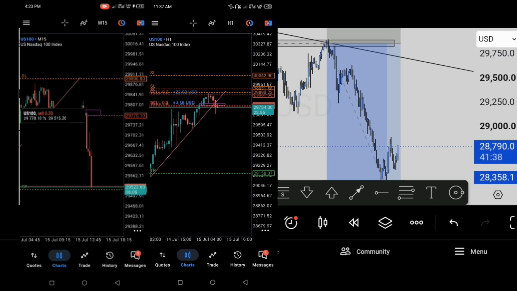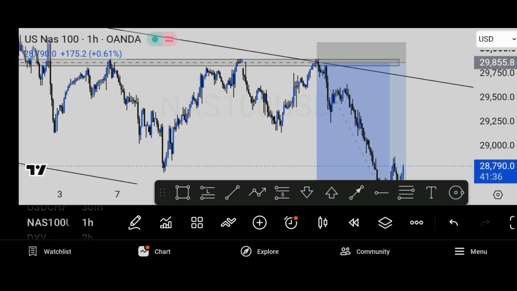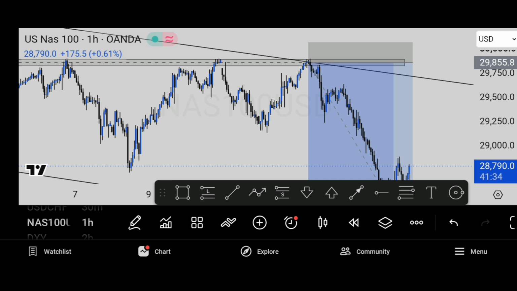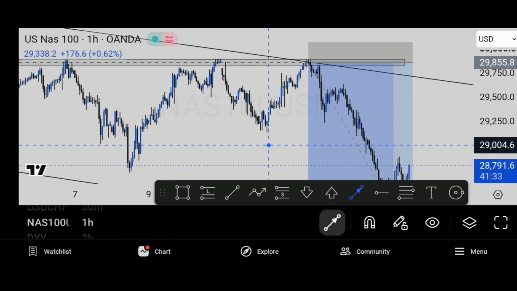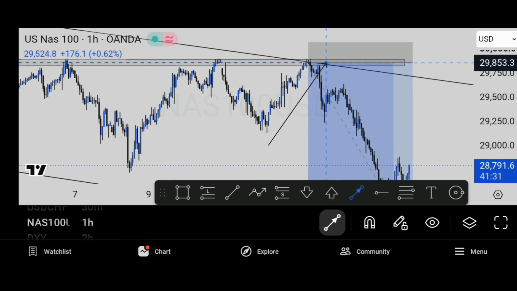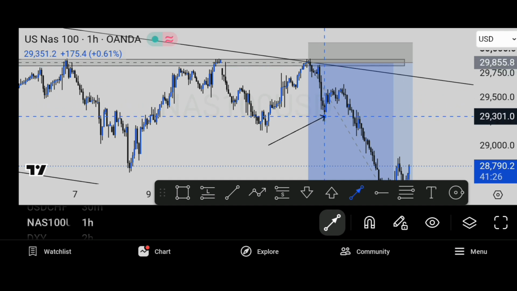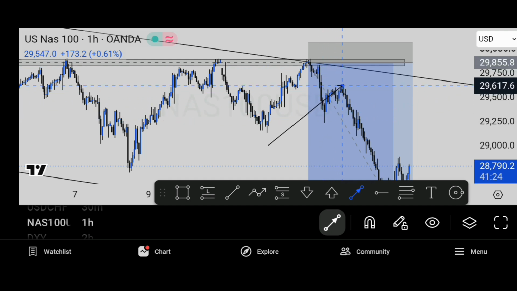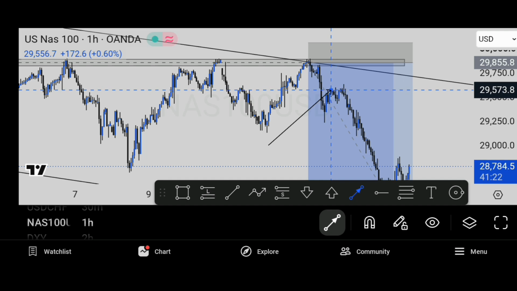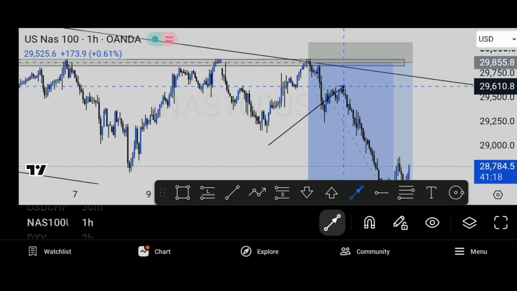And as the market continued moving to the downside, I kept on scaling in. I scaled in here, and then it sold. Came back here, I scaled in. If you don't know what scaling in is, it's just basically me adding more trades, right?